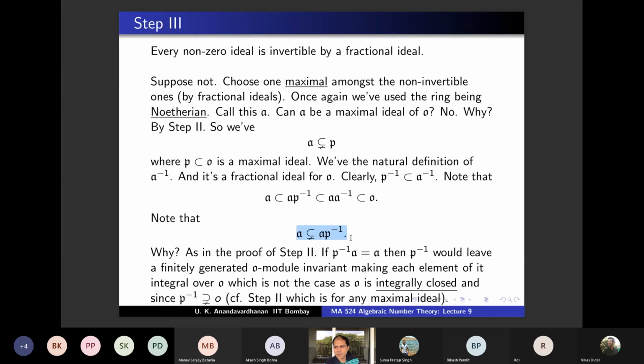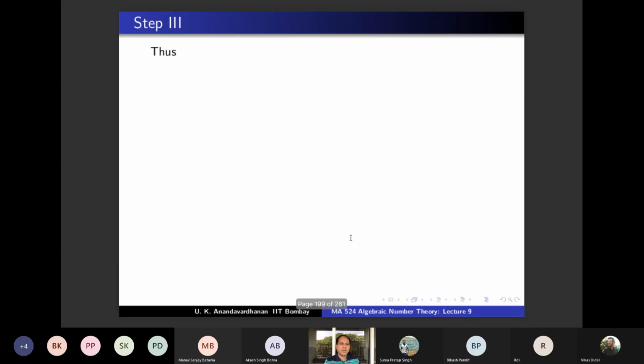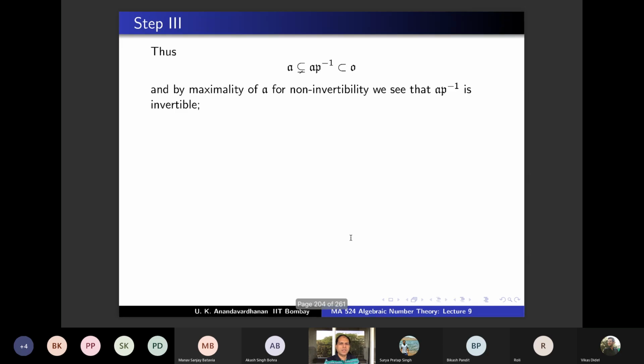Therefore, A P inverse is invertible because it is strictly bigger than A. So A is strictly contained in A P inverse and A P inverse is an ideal. It is contained in O. So by maximality of A for non-invertibility, we see that this is invertible, which means there is a fractional ideal B such that A P inverse times B is O.